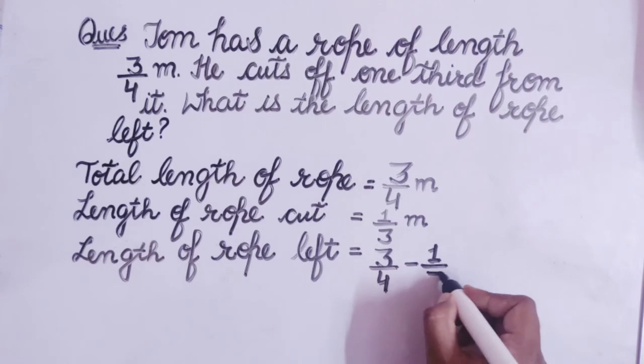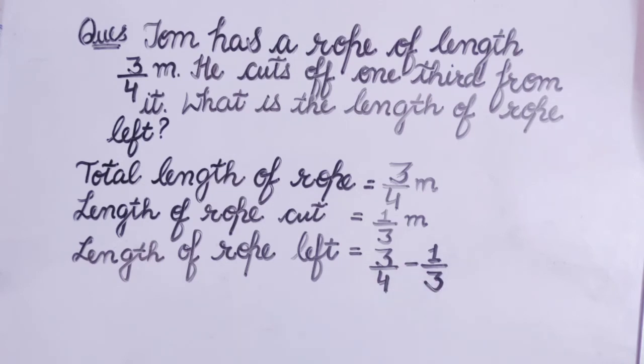Now students, we have observed that the denominators are not same, and if the denominators are not same, we cannot subtract the numerators directly. So we have to make the denominators same. For that purpose, students, we have to find a number which comes in the table of 4 as well as in the table of 3.